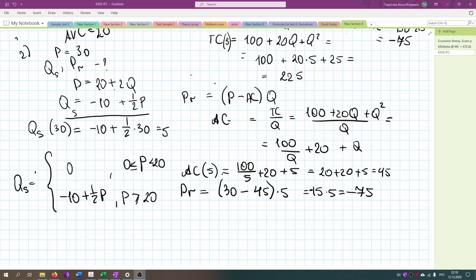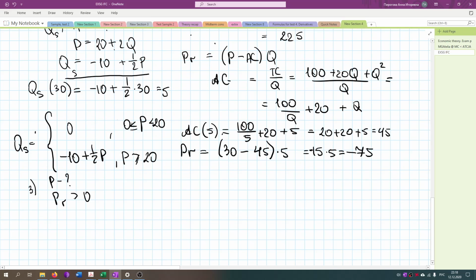So now we will work again with the same functions, same equations, but in this case we will need to determine which market price we will need to have so that we will get non-zero profit.